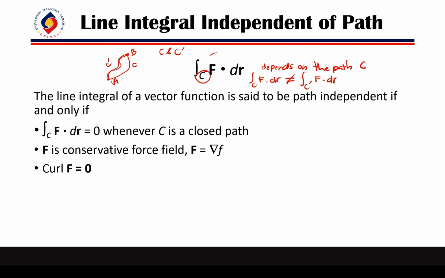So we have 2 points, point A and point B. When we have 2 points, the path of C prime and the path of C are different.